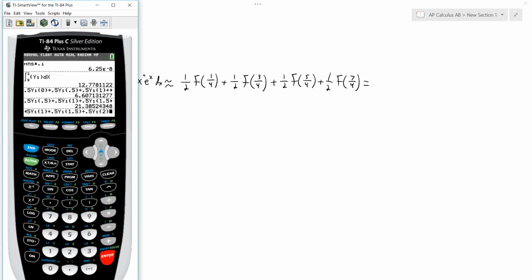So this is probably a dumb way to do this, but 0.5, y1 of 0.25, plus 0.5, y1 of 0.75, plus y1 of 1.25, and then 1.75, close, chaboom. And you get 12.174.